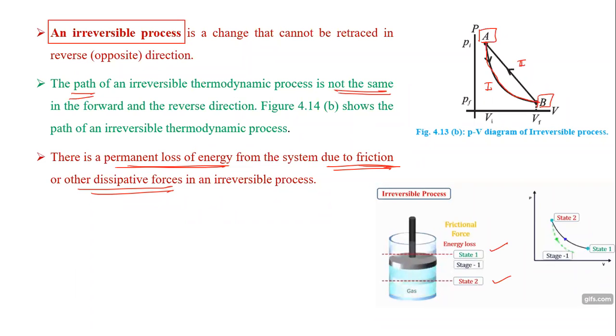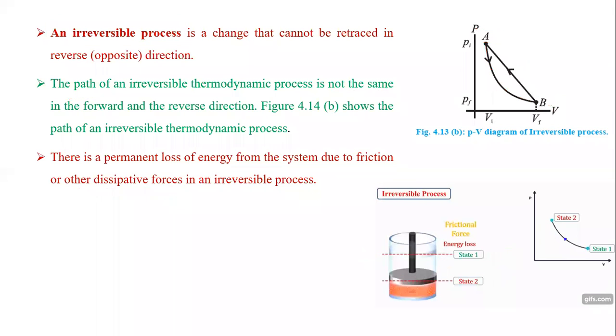It comes to an intermediate state here, and then it takes a longer time to reach the initial position. Or maybe if the frictional force is more, then it may remain at a different position also.